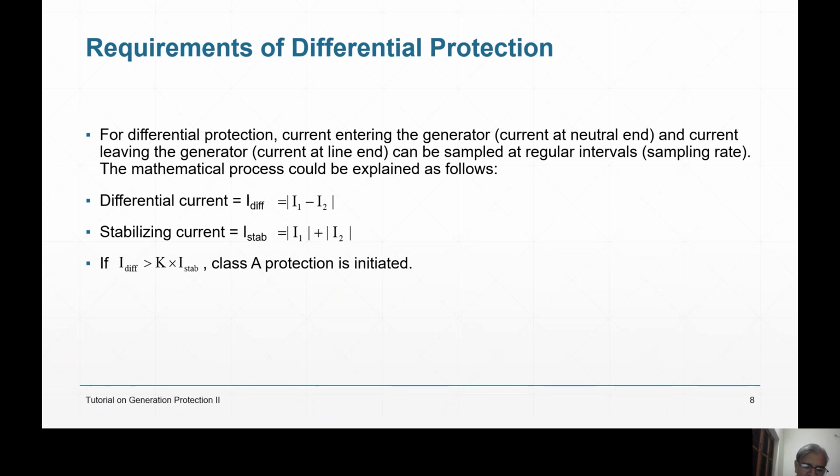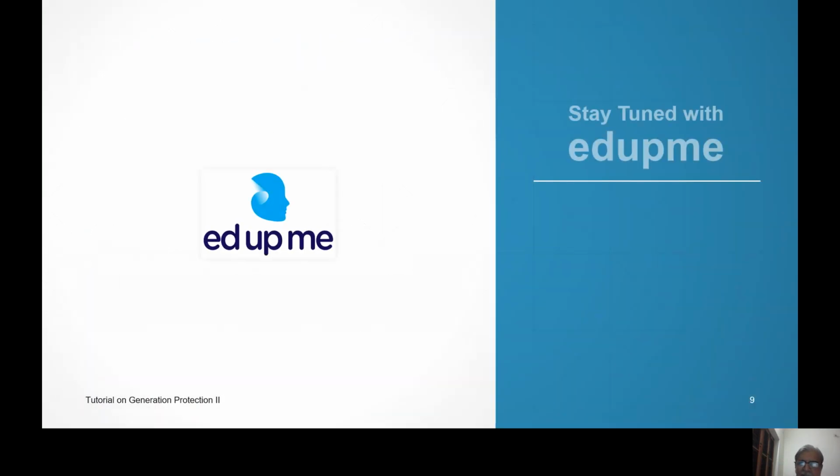The cost of the generator is so large that you cannot wait until the generator is completely damaged. And also, while you are repairing, you are losing revenue. So differential protection is very fast, one cycle, very fast. So that is differential protection.